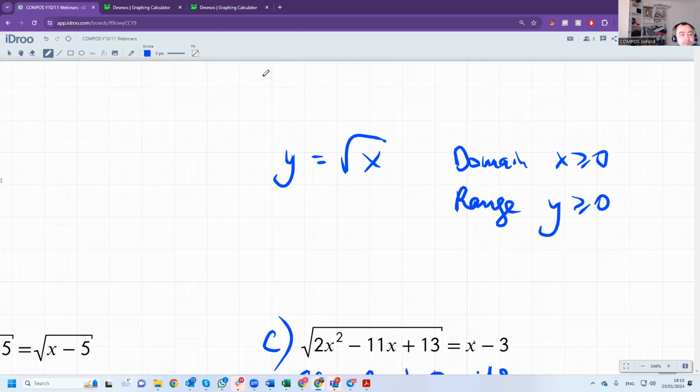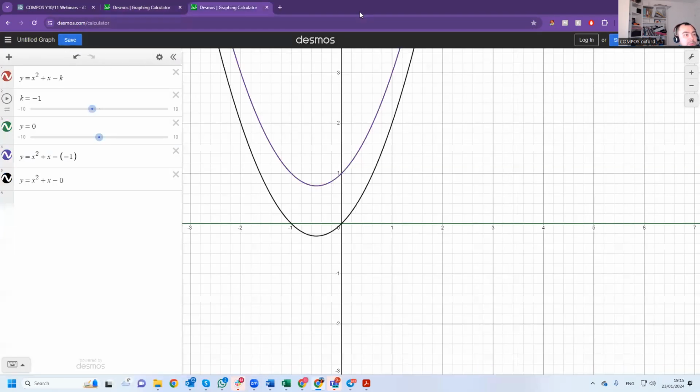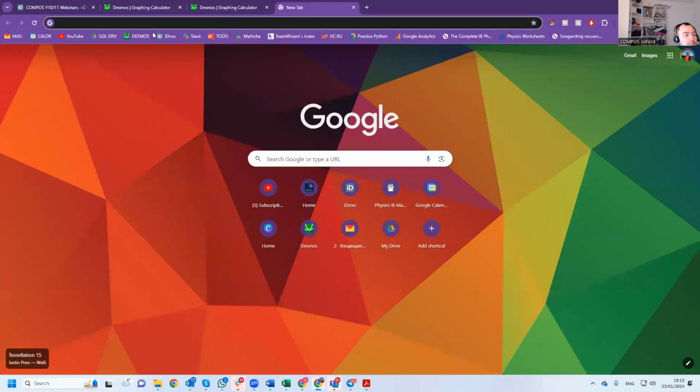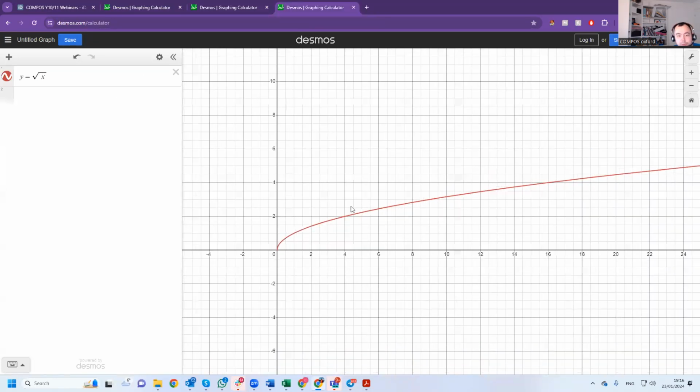If you draw the graph of y equals square root x, you can see that it has only positive values. So x and y can only take positive values.